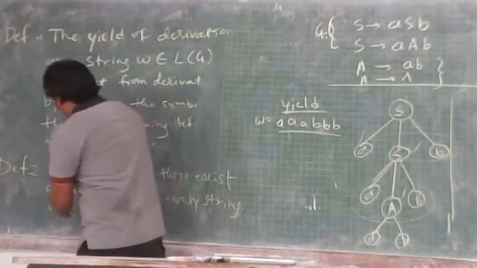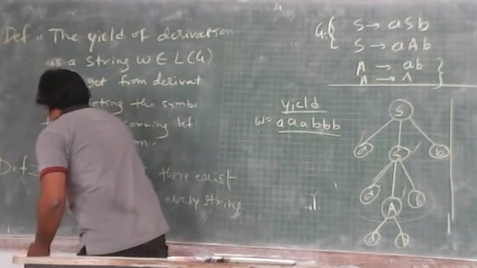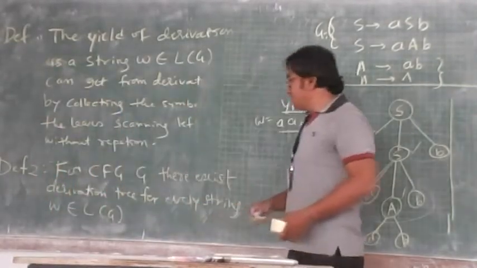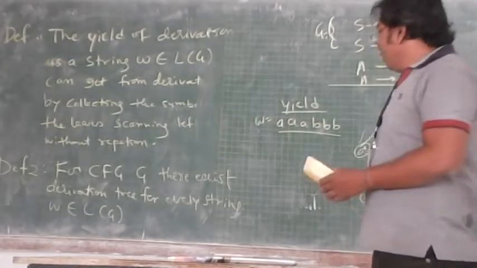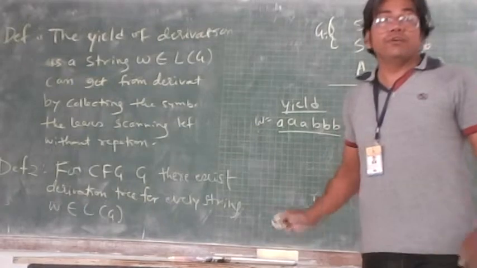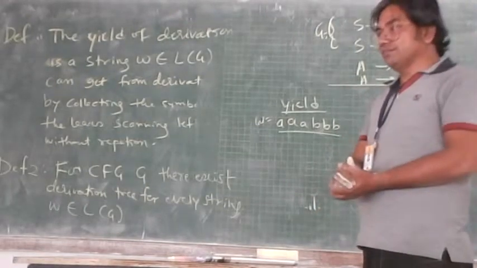Or I can say for a context-free grammar G, there exists a derivation tree for every string W from the language L(G).